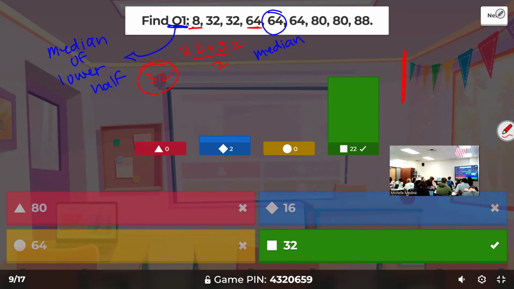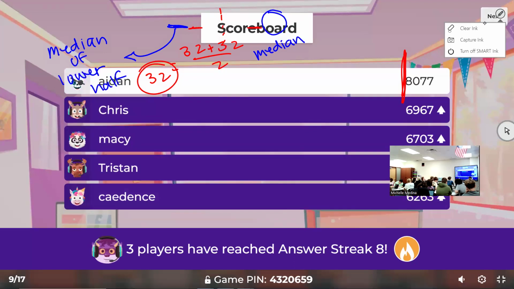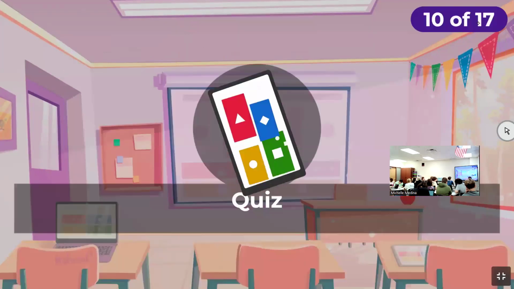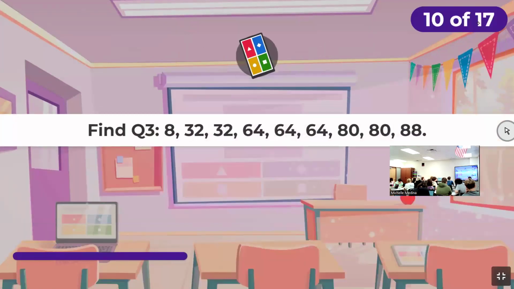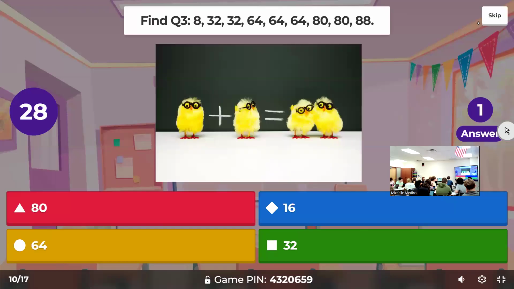So for quartile 1, when making my lower half, I would usually designate the median in the middle of my two numbers if there are 2 in the middle. Next one. All right, now find Q3. Same data set, find Q3.